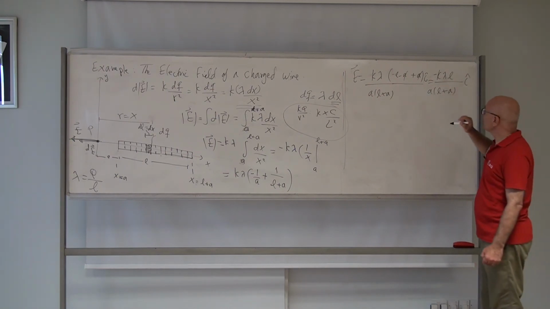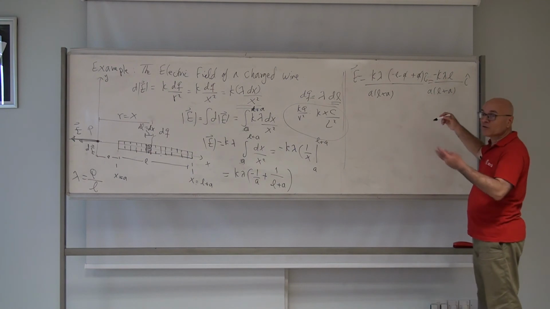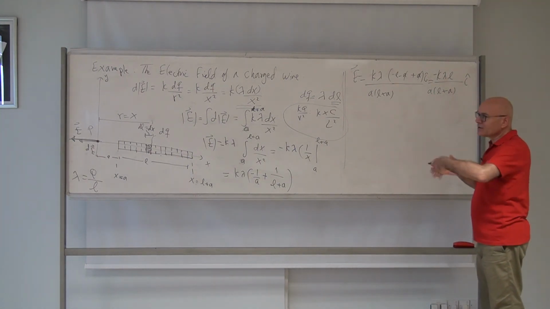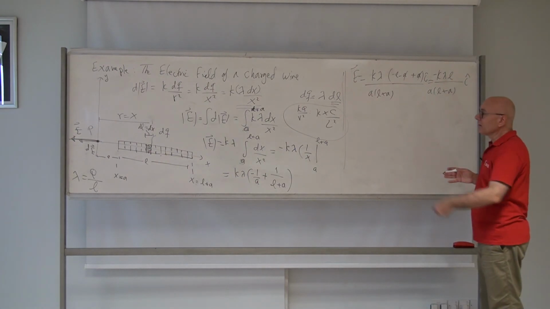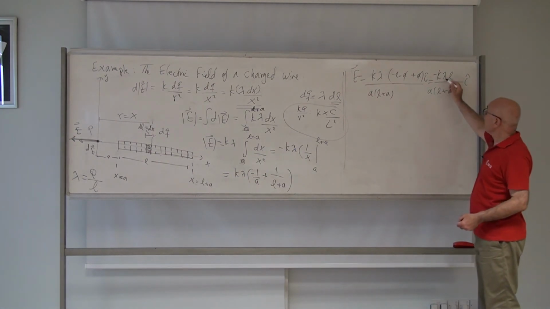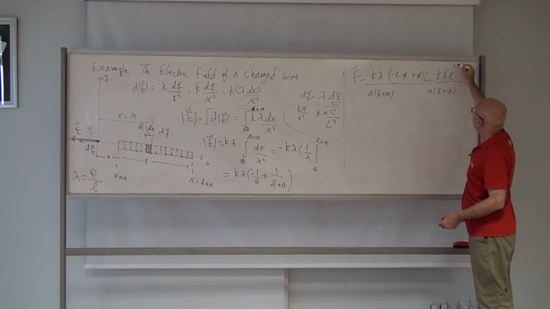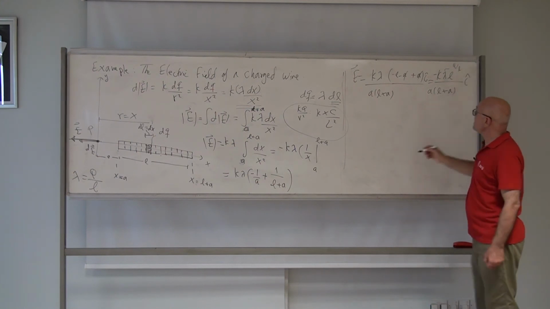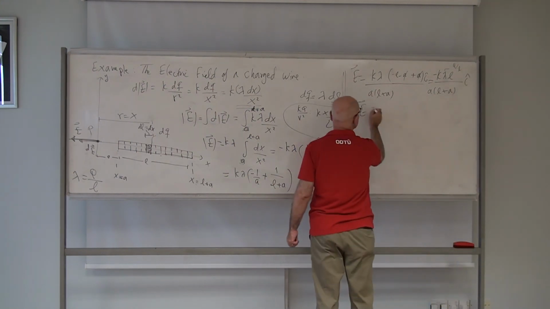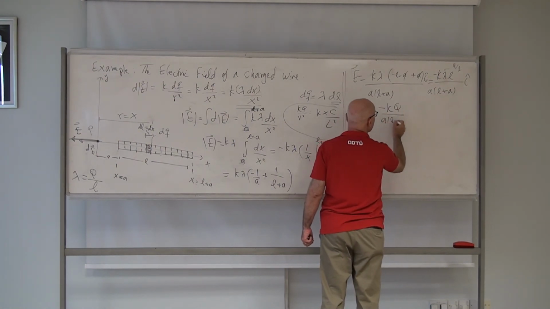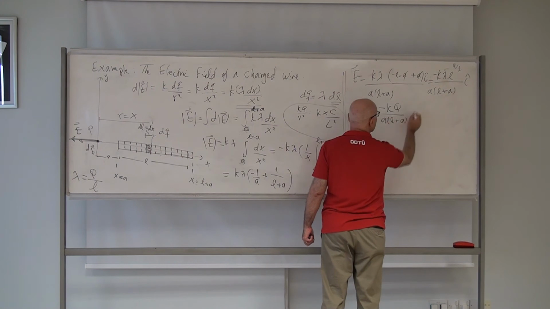Actually, you can even re-express things in terms of Q, the charge distributed over the whole line, by expressing lambda as Q over L. Then this L cancels this L, and you get your expression as minus KQ over A times L plus A along the I hat.